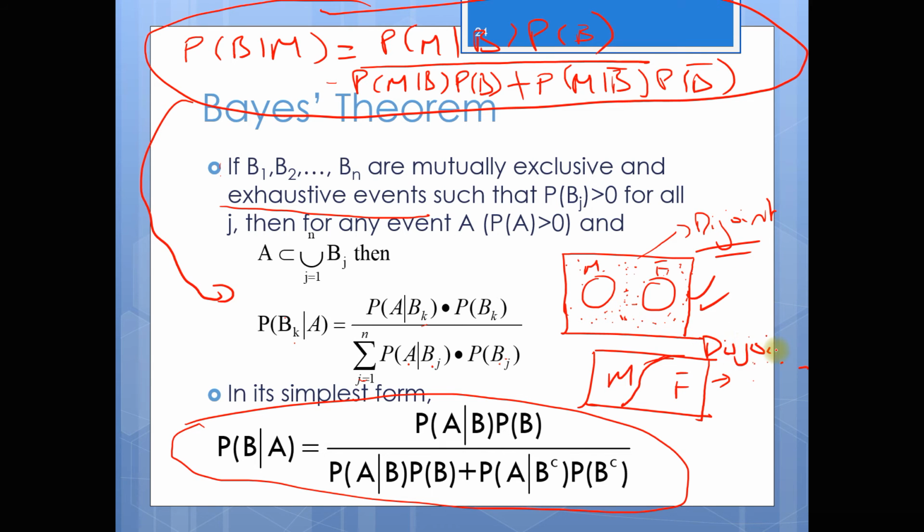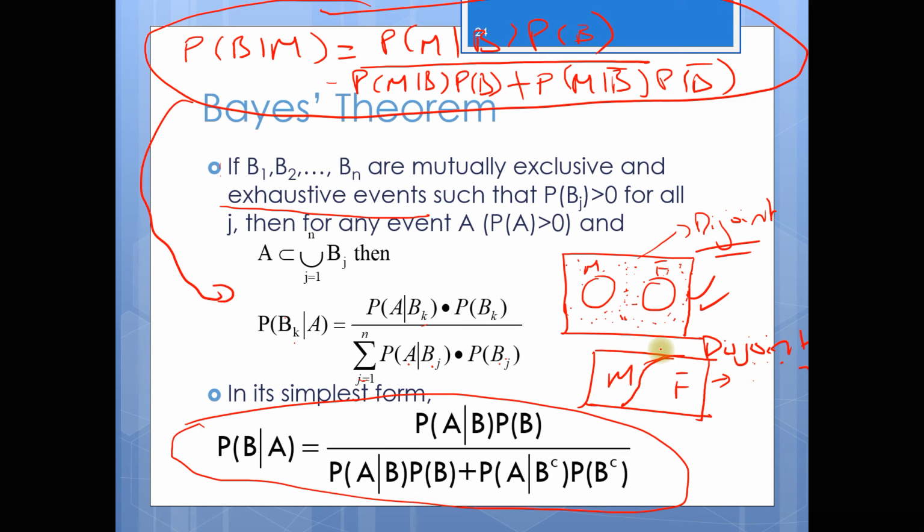This is firstly disjoint because you see that M and F are separated like above. But in addition to being disjoint, they are exhaustive. You can understand that they are exhaustive because they fill the whole sample space.